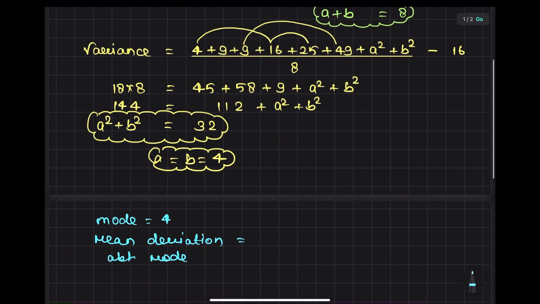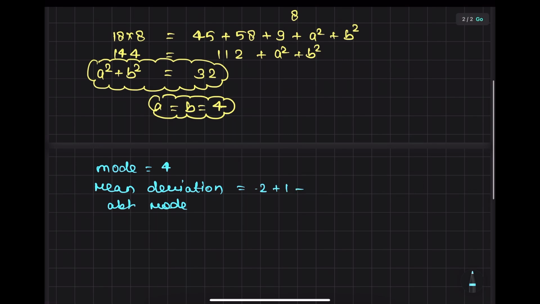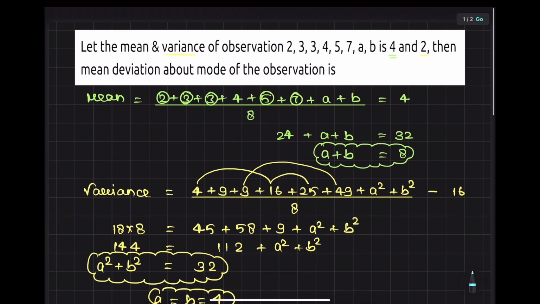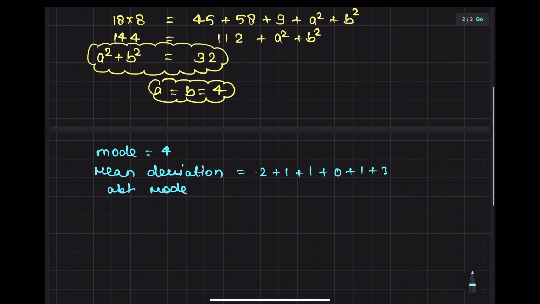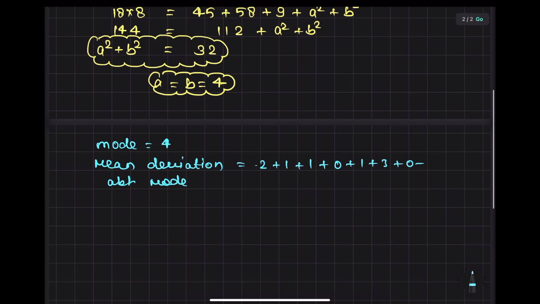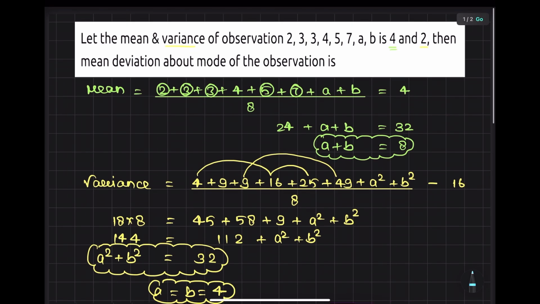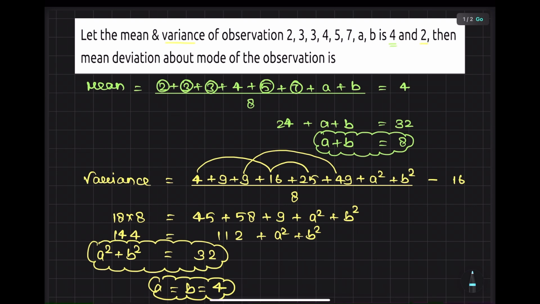So first thing will become 2 plus 1 plus 1, then 0, sorry, 0 plus 1 plus 3, 5 and 7, and then 0 and 0, 0 and 0 upon n, which is 8. Now look at this, we got 4, 5, 8, so 8 by 8 is 1. So you got mean deviation about mode is 1.